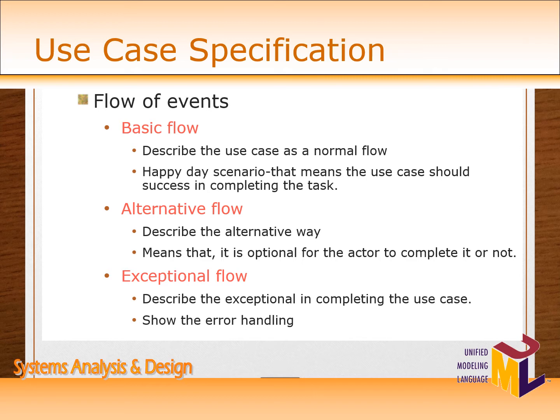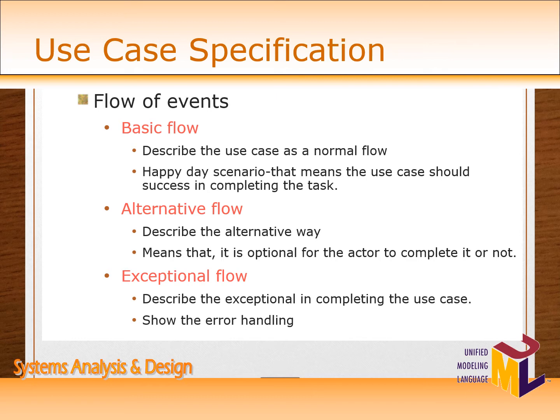Alternative flow describes what other options can happen when the basic flow is executed. This is optional. Another flow is called exceptional flow. It describes the exception or the error in completing the use case.